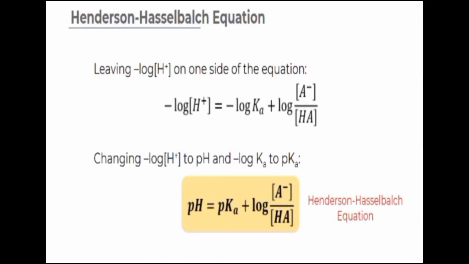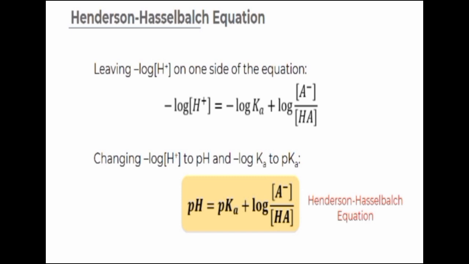Leaving the negative logarithm of hydrogen ion concentration on one side of the equation gives us negative logarithm of H positive concentration equals negative logarithm of Ka plus logarithm of the quantity A negative concentration divided by HA concentration.